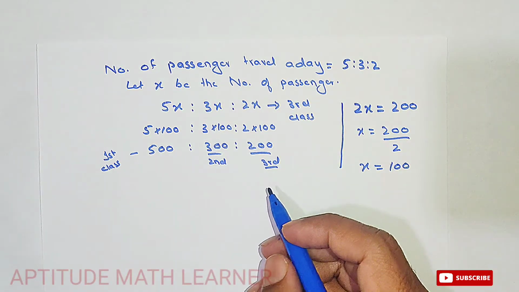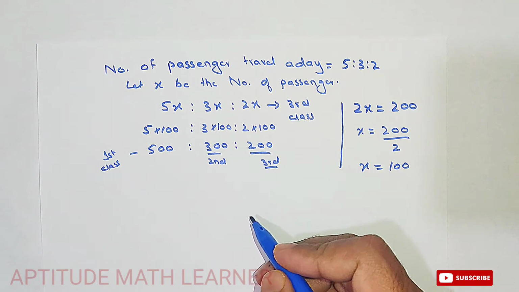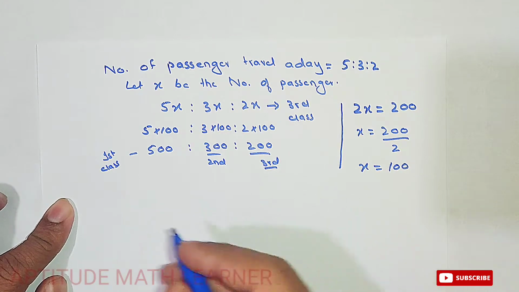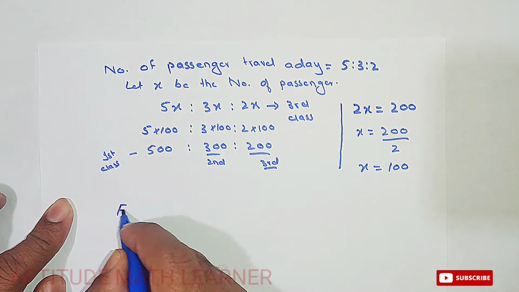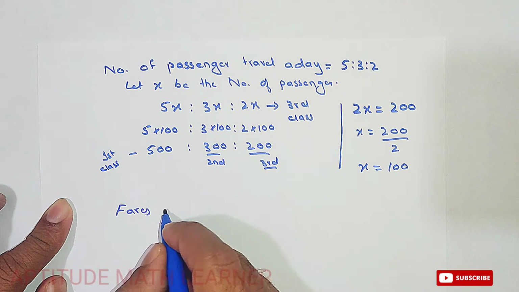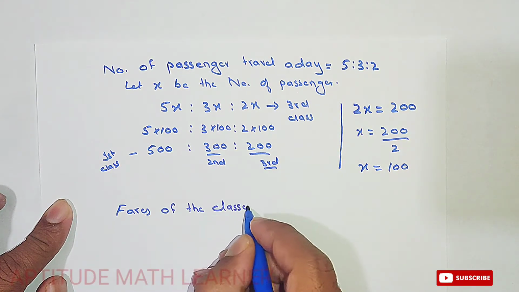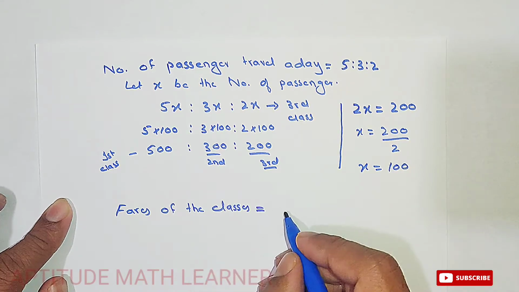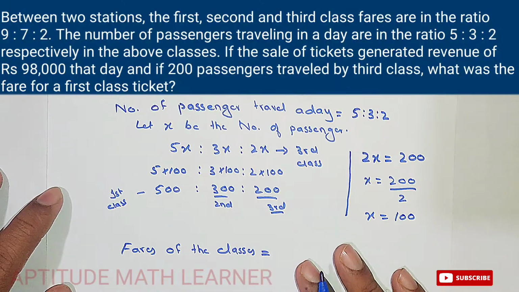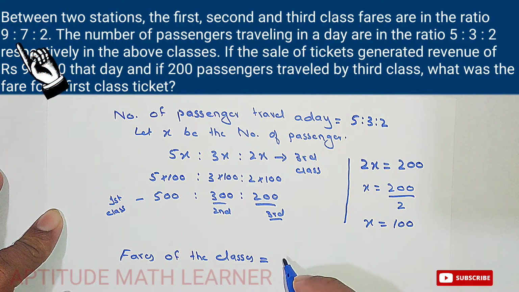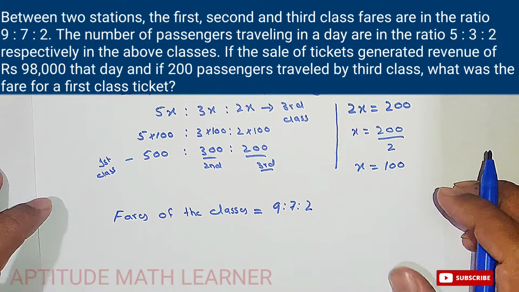The next thing we have to do is find out the fare of the first class. The fares of the first class, second class and third class are in the ratio 9:7:2, as you can see in the question. I hope you have understood it completely.